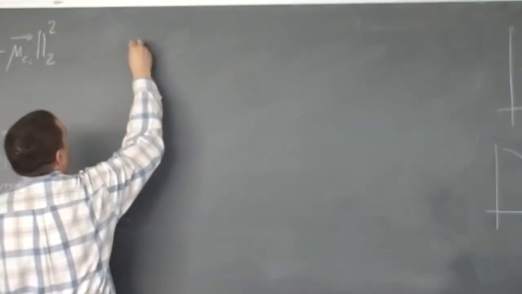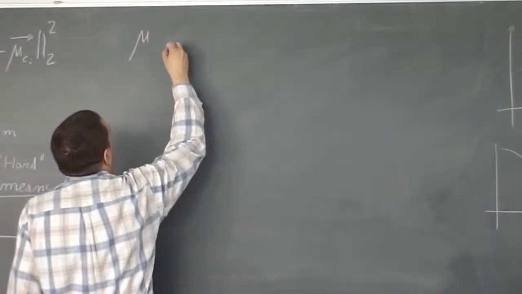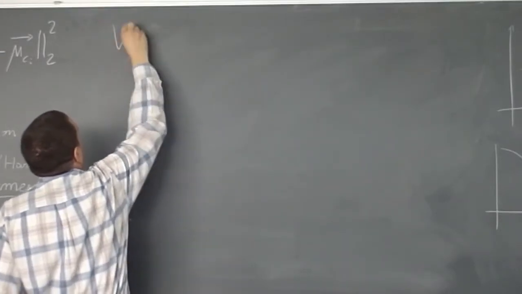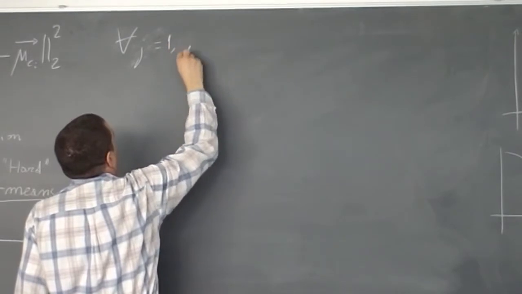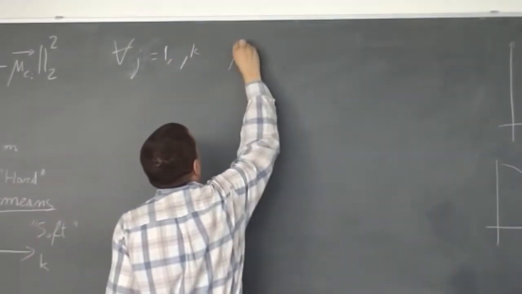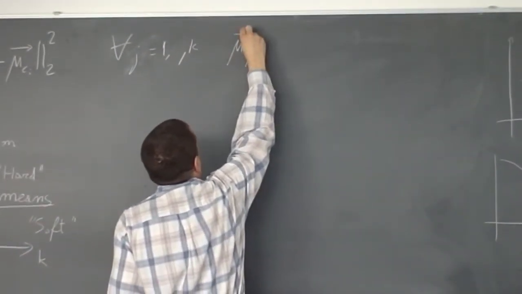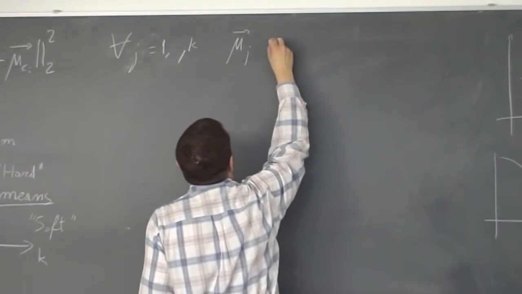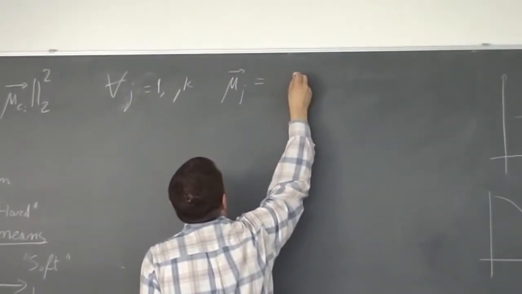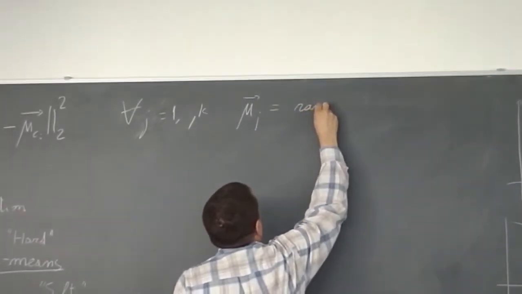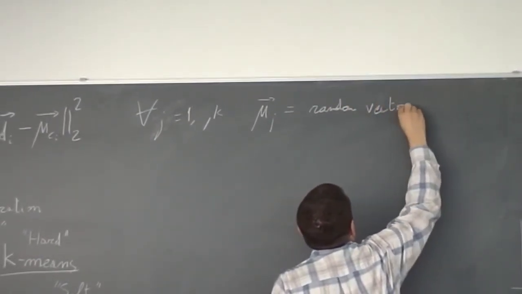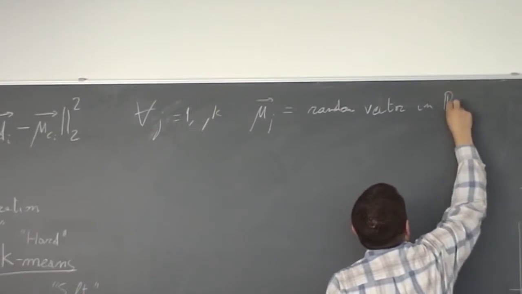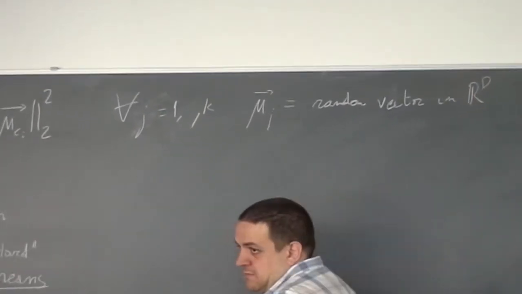Start this time from, let's say, for every j, let mu j be a random vector in our space.